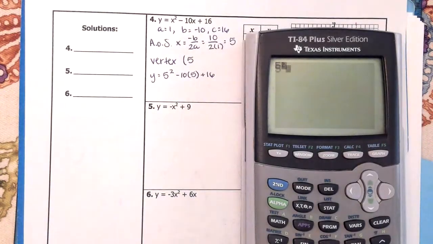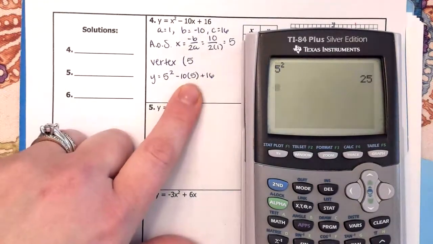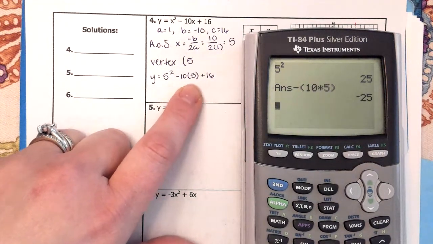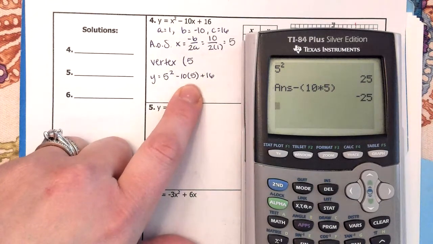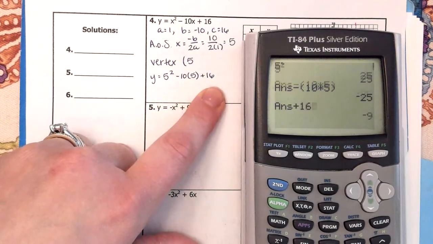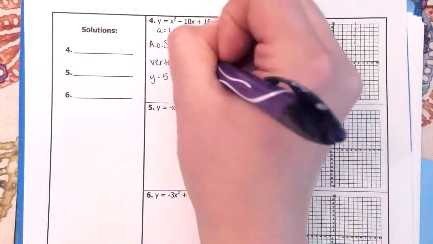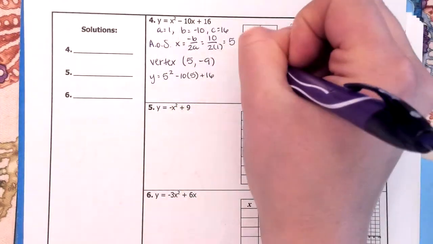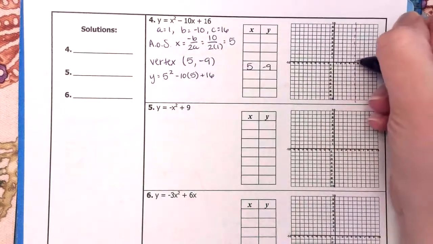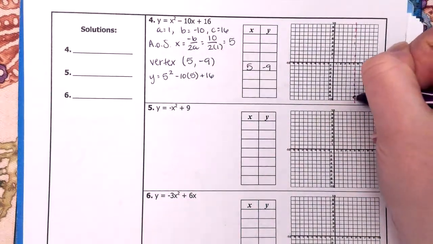Well, 5 squared is 25 minus 10 times 5. 10 times 5 is 50, so 25 minus 50 is -25, plus 16, we get -9. So my vertex is at 5, -9.